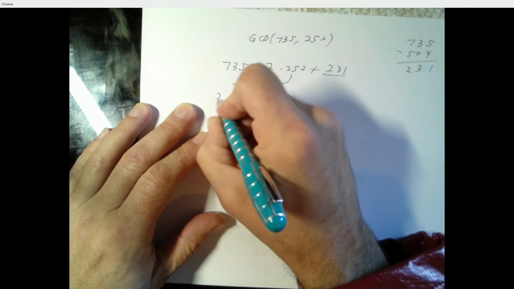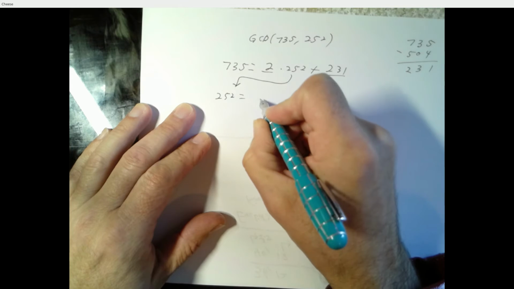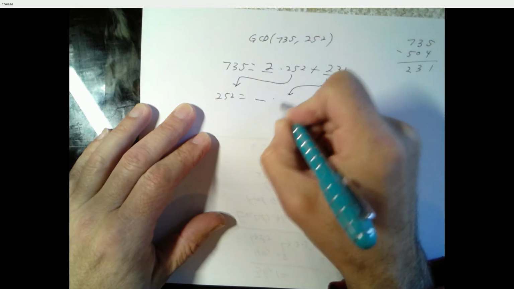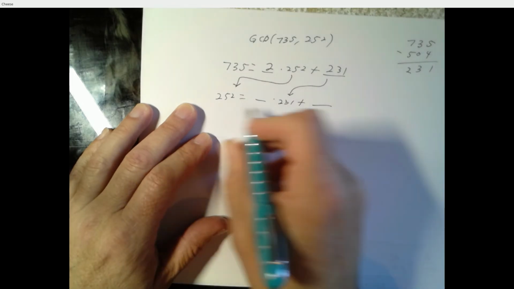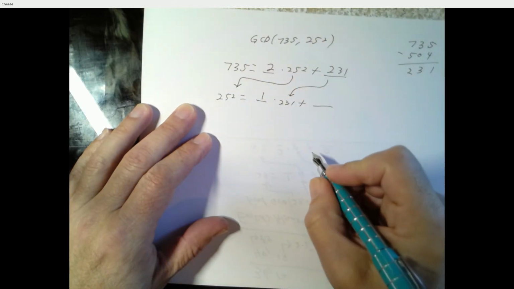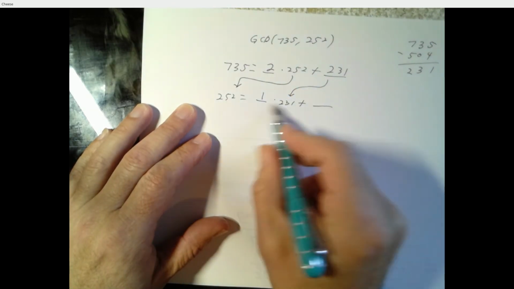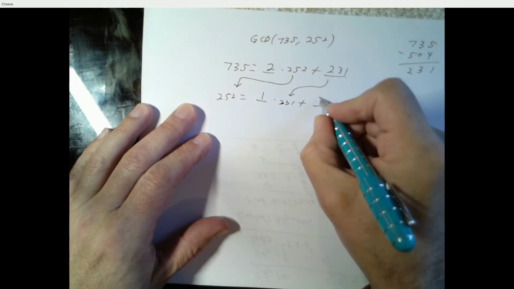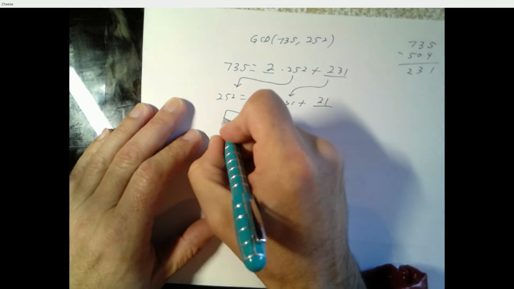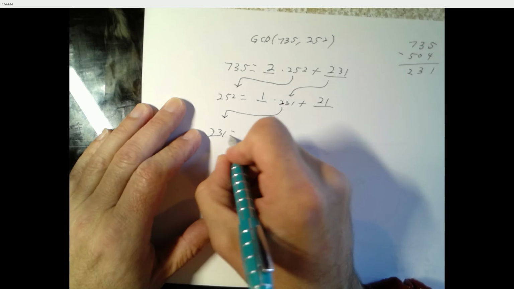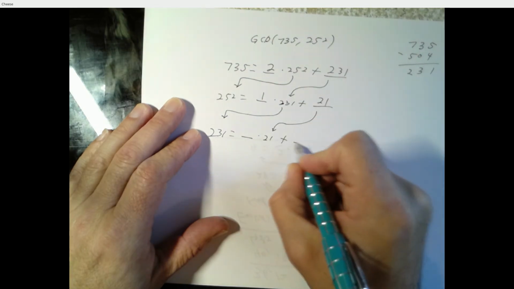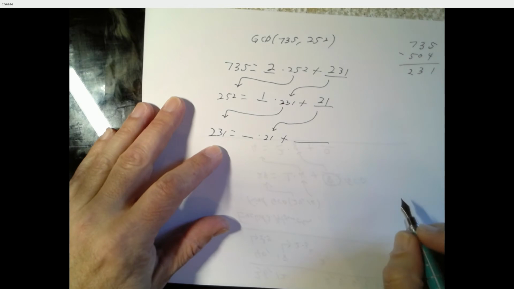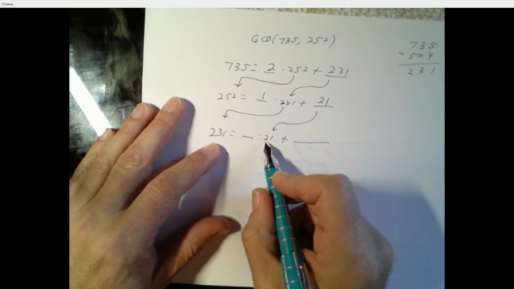Alright, bring the 252 over. And this is something times 231 plus something. Well, 231 is only going to go in once. And the remainder will be 252 minus 231. That'll be 21. Repeat. 231 equals something times 21 plus something. Alright, well 21, I don't know if that will go in 9 times.